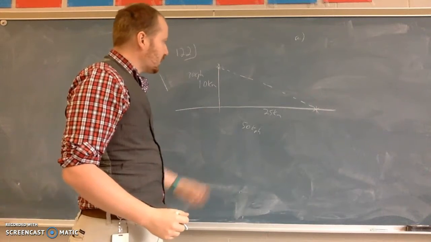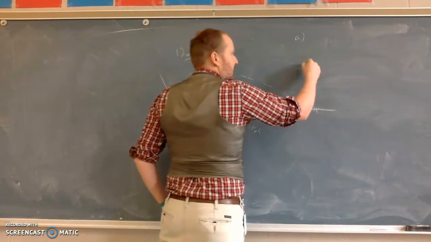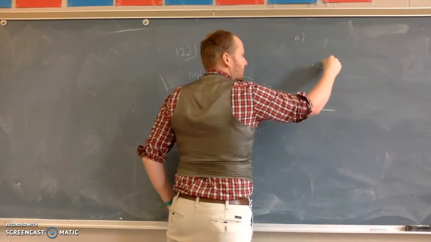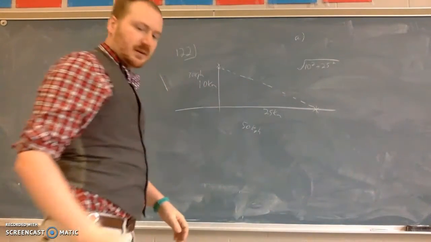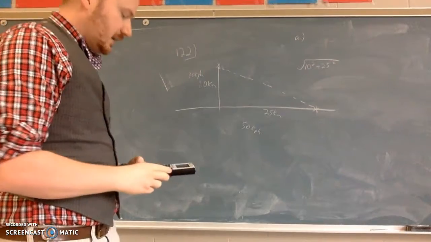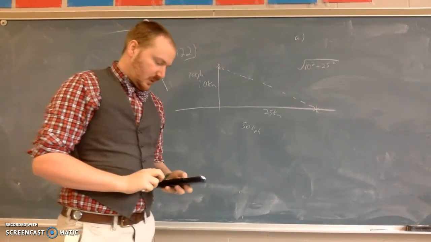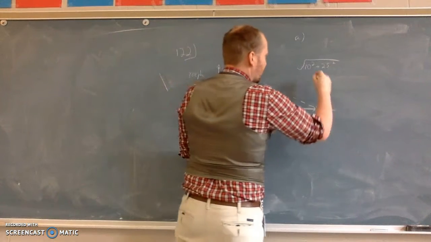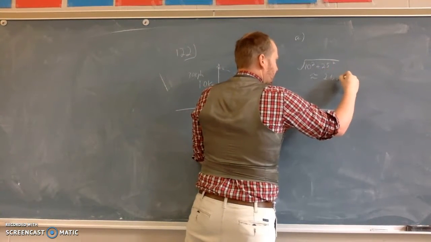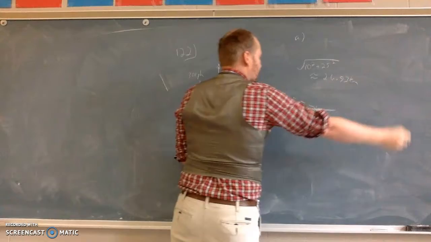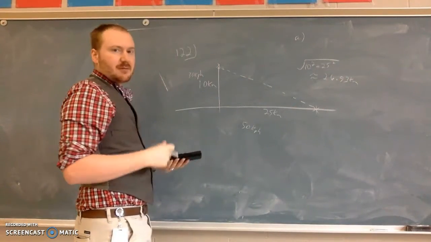To figure out the time, we need to first figure out the distance that Alex is going to travel. The distance Alex is going to travel is just Pythagorean theorem, right? A squared plus b squared equals c squared. Here we have 10 and 25, so 10 squared and 25 squared. Square root of that. We get Alex has to travel approximately 26.93 kilometers. In the desert, Alex travels at 30 kilometers every hour.